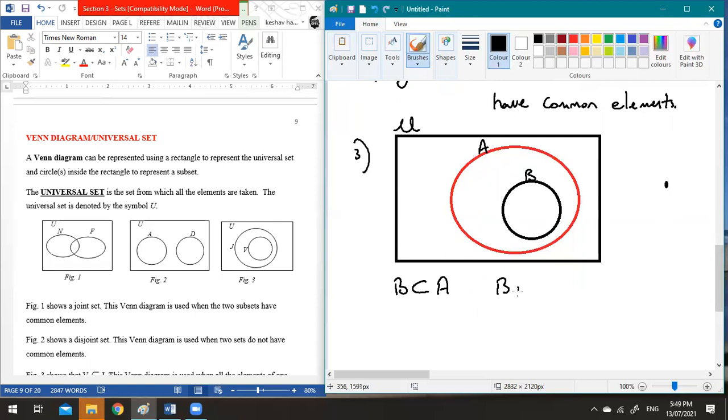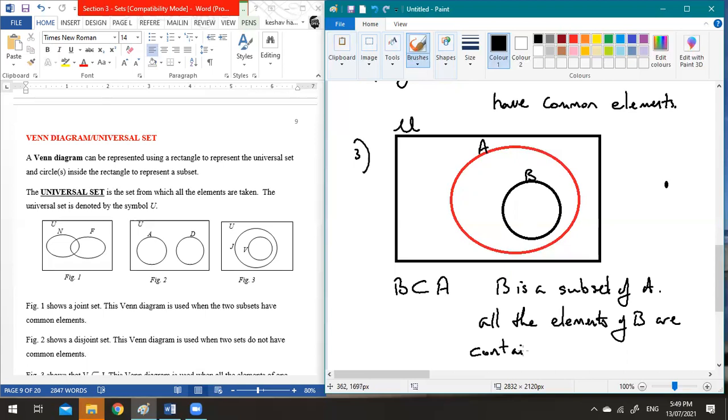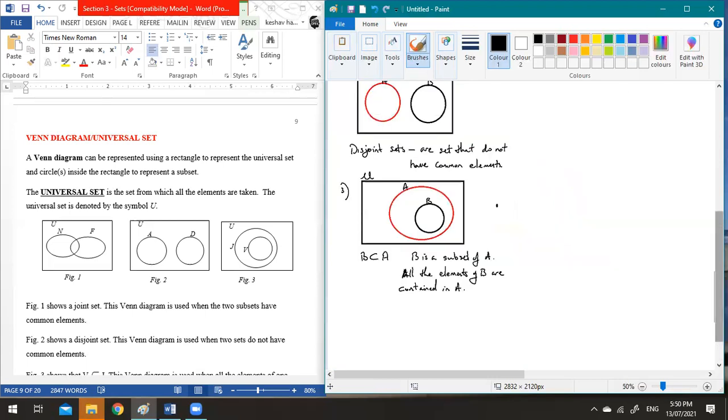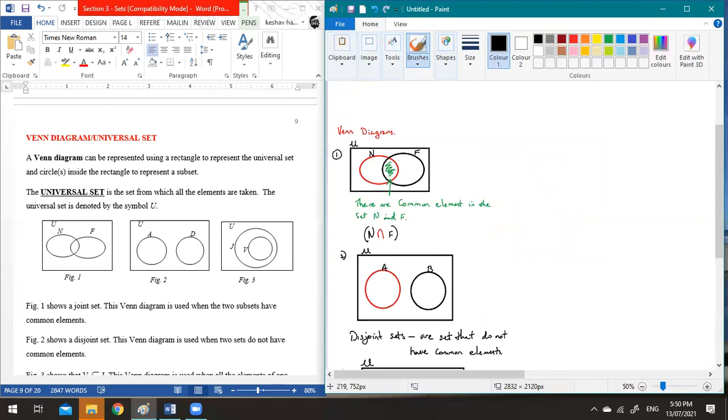So B is a subset of A. What the diagram means, and what the subset means, is that all the elements of B are contained in the set A. Not some, but all of them. If you have some, it would not be a subset, but it would be an intersection.